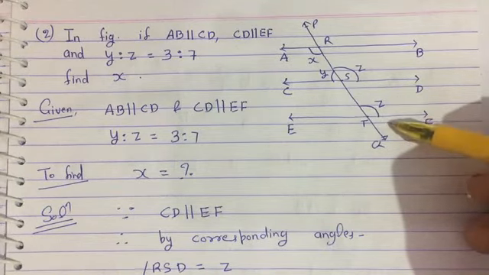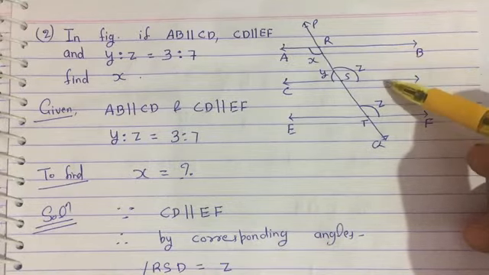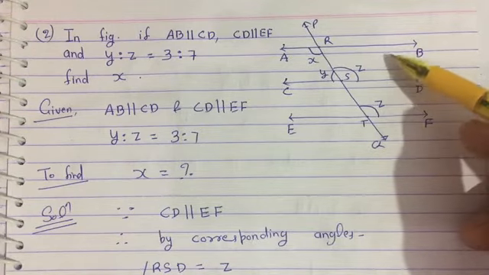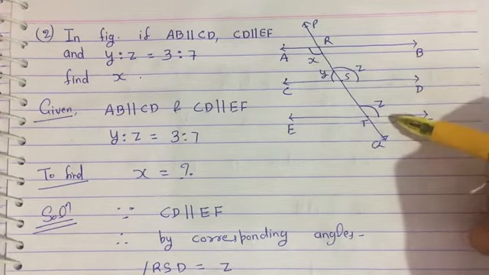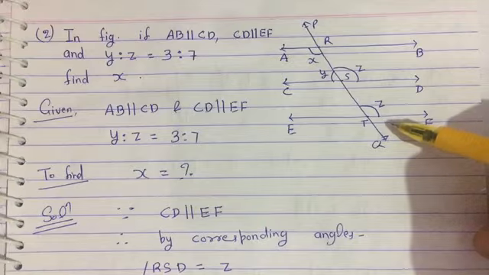So AB is also parallel to EF. It means AB, CD, EF, all three lines are parallel to each other. I think you are getting my point.